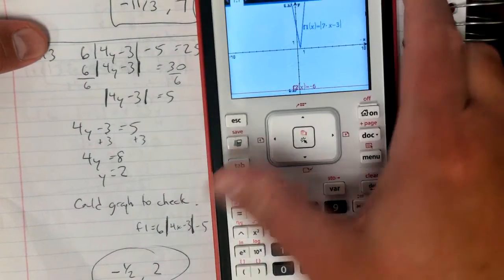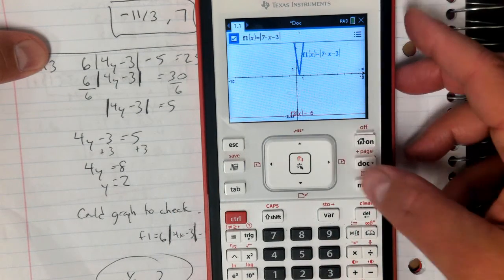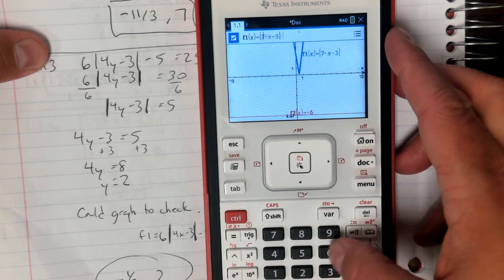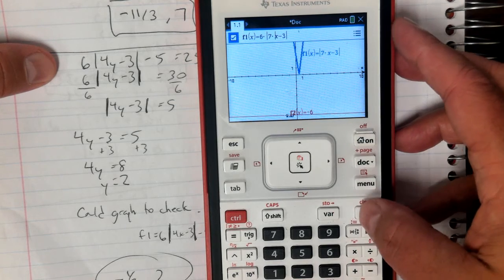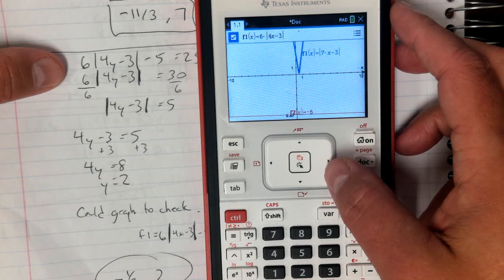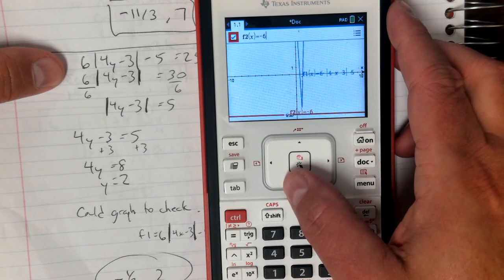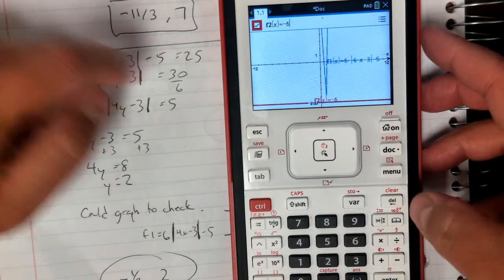So if we did this, it would have to be 6 times the absolute value of 4x minus 3 and then minus 5. So that's a v, and then we say equal to 25.